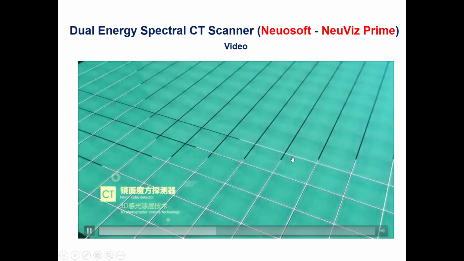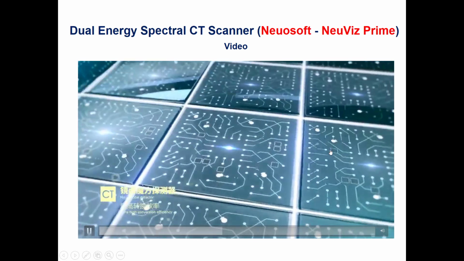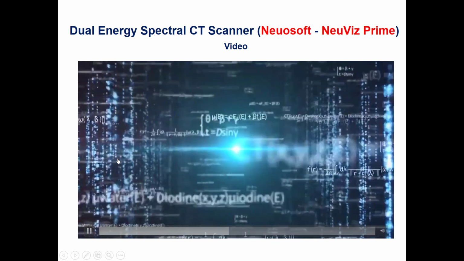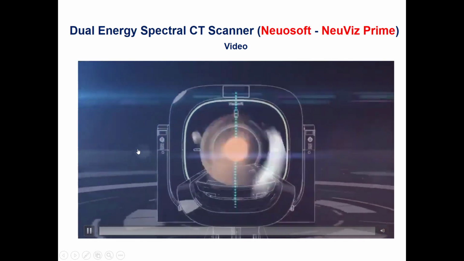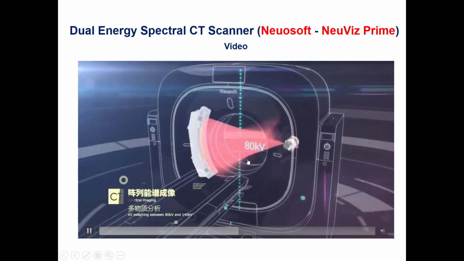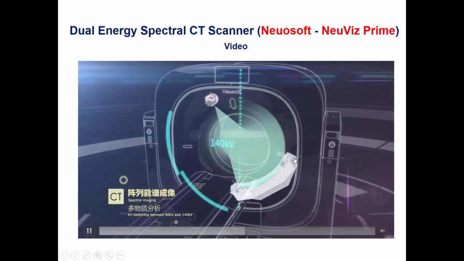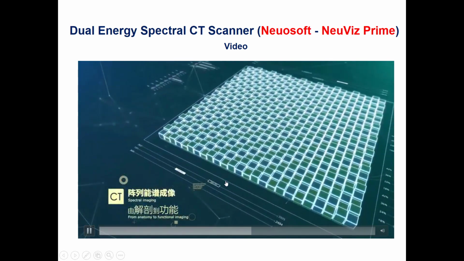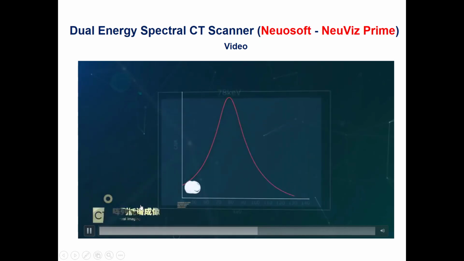The second point concerns the detector, the air cube detector. As we can see, we have a switching of the kV. We have 80 kV and 140 kV in order to have a spectral emission.